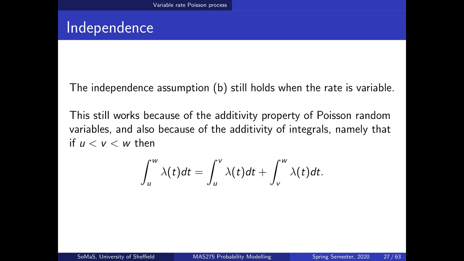So if I look at the number of events between u and w, and then split them if they happen before or after v, with v being between u and w, then the parameter of the total Poisson variable of all these events is the integral over the largest interval, and this has to be the sum of the integrals over the two smaller intervals. And you know, of course, that the way integrals work is that indeed these two things are equal. I forgot what the name of that rule is, but you know what I'm talking about, so that's fine.